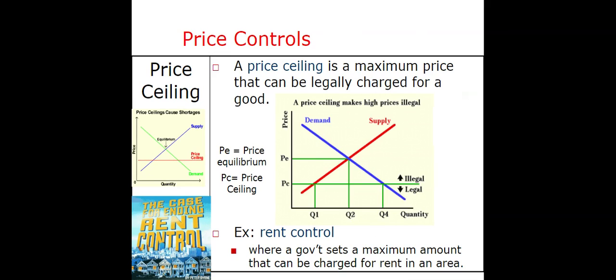A price ceiling is a maximum price that can be legally charged for a good. An example would be rent control. Rent control is where a government sets a maximum amount that can be charged for rent in an area.